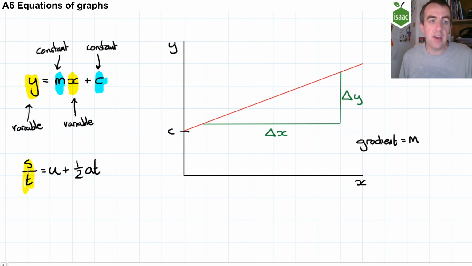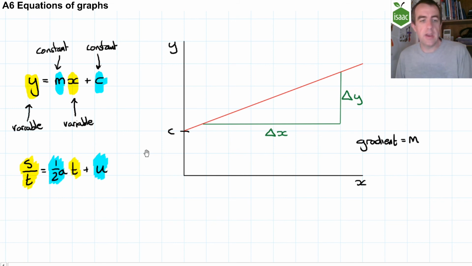We know s and t are variables, therefore s divided by t is a variable. And we know t was a variable on the right-hand side. Half multiplied by a is all a constant, and u was a constant. So this equation is in the form y equals mx plus c. And in fact, if we write it this way round, it's even more clear.